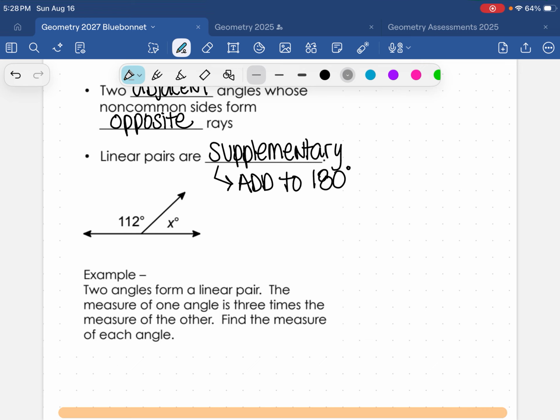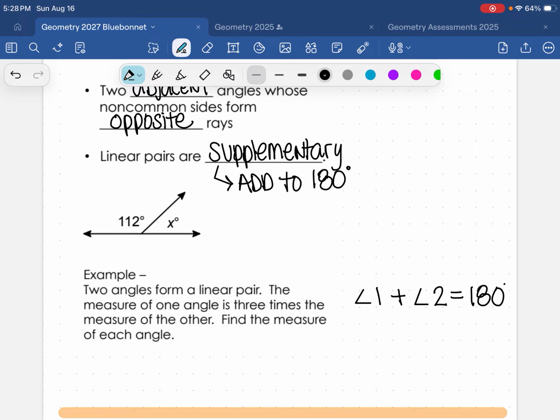2 angles form a linear pair. The measure of one angle is 3 times the measure of the other. So since we don't know what the angles are, I'm going to go ahead and call them angle 1 and angle 2. And since I know that they are a linear pair, I know that this is the formula to figure out what these angles equal.